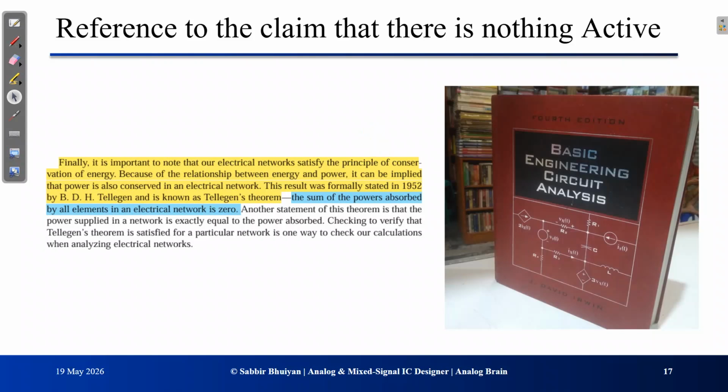So negative means your power vi is less than 0, negative means active. Your power vi greater than 0, positive means passive. Now, Tellegen's theorem says the sum of the powers absorbed by all elements in an electrical network is 0. That means you can't get more power.